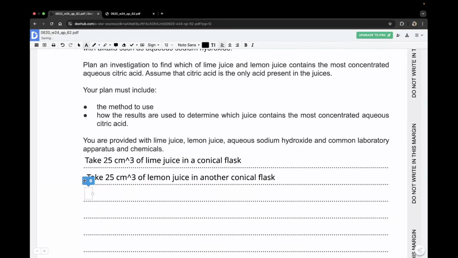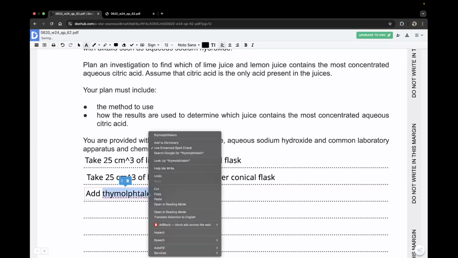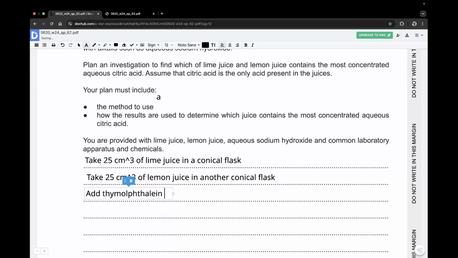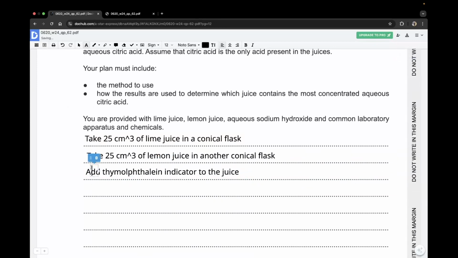Okay, and then you would need an indicator. So I'll go with thymolphthalein. Add thymolphthalein indicator to the juice. Okay, and add NaOH from a burette to the juice.